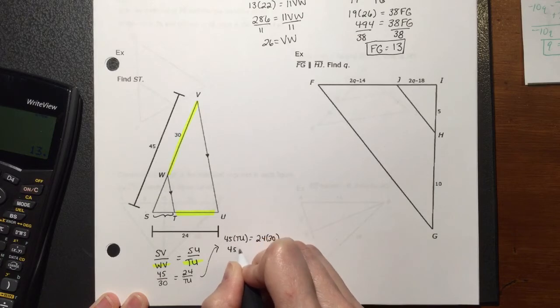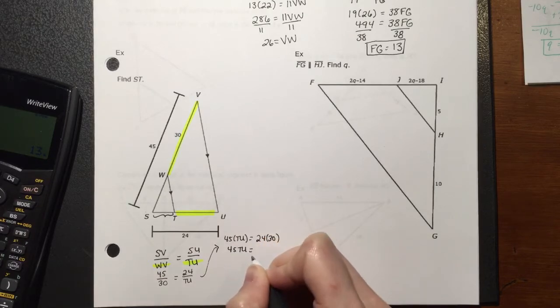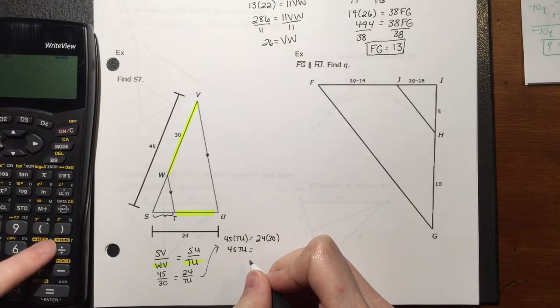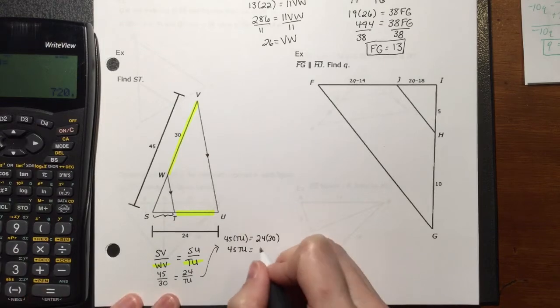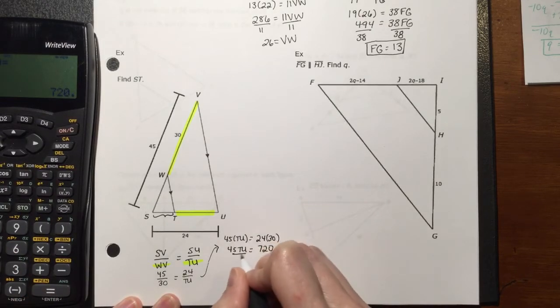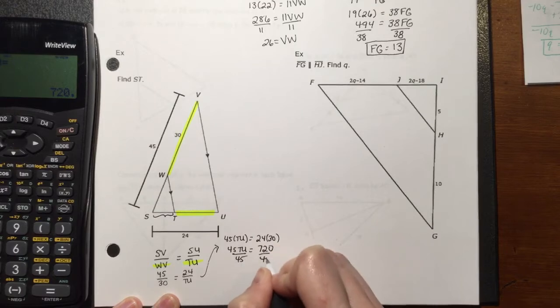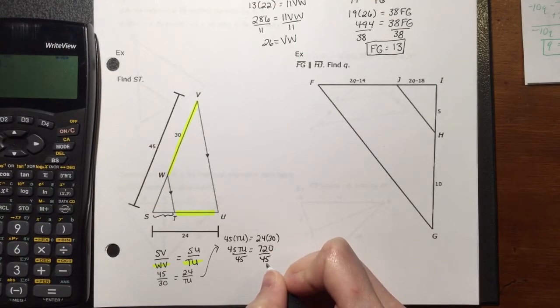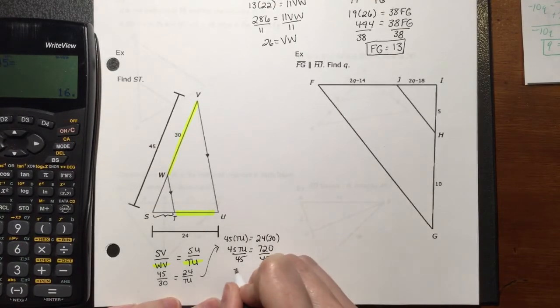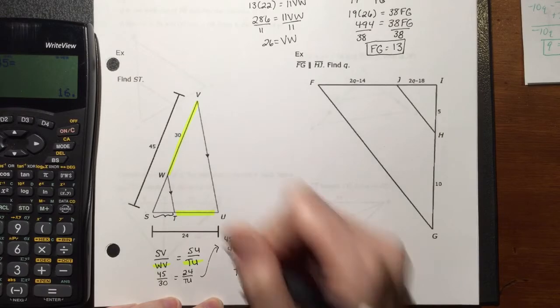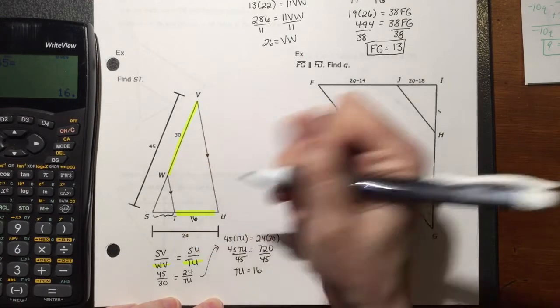So 45 TU is going to be equal to 24 times 30 is going to be 720 divided by 45. And then TU is going to be equal to 16. So that tells us that this part right here is 16.